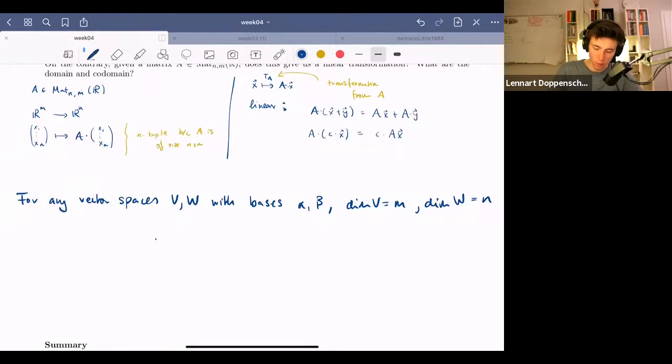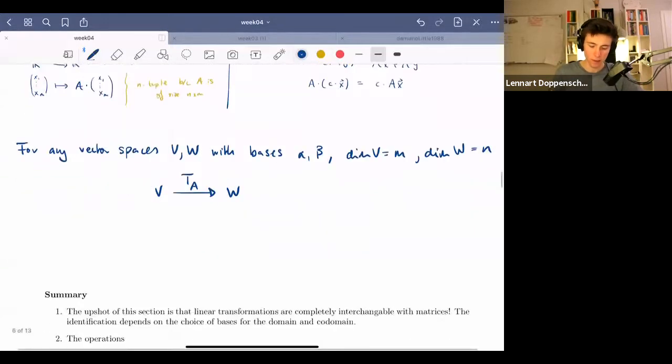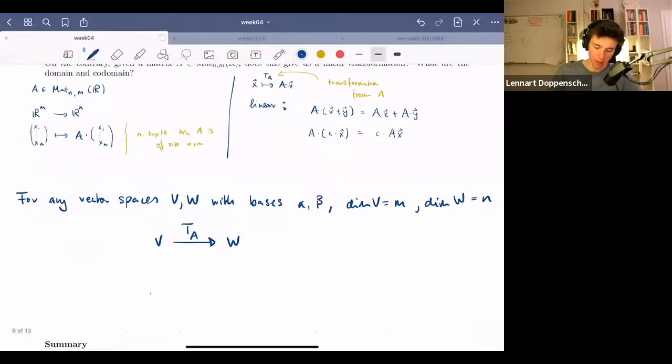So this means if we want to define a transformation T for the matrix A, then what we do is, because Rm is isomorphic to V because they have the same dimension, we can just get a, no, sorry, I don't want to talk about the inverse.